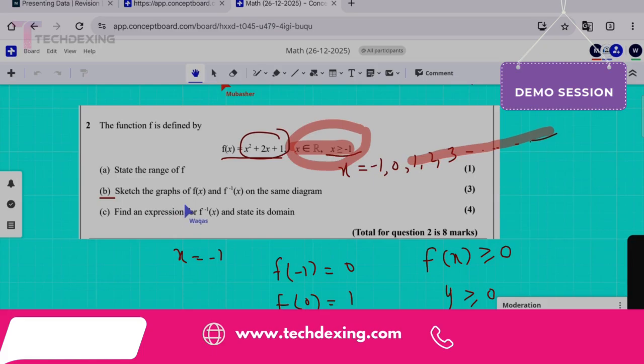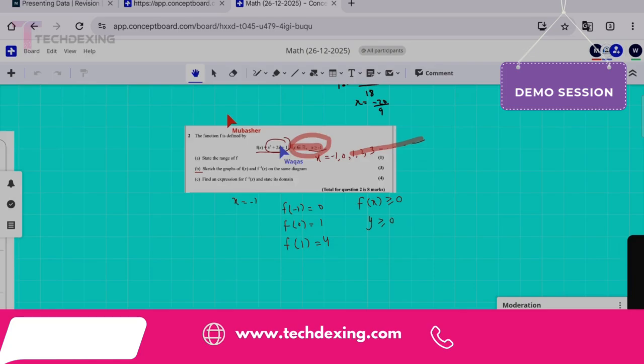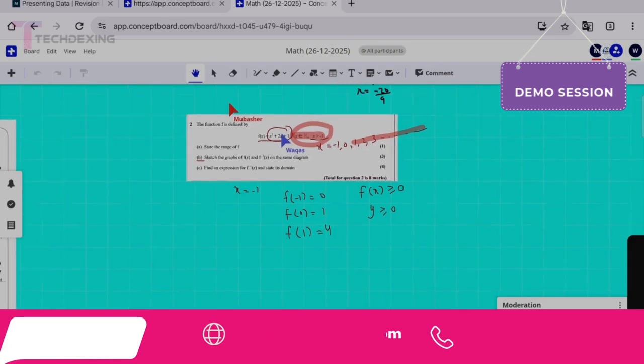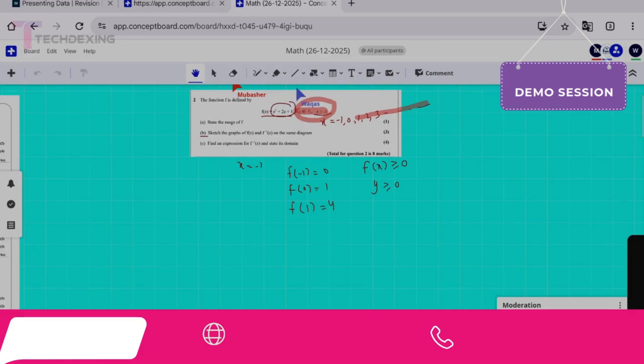Sketch the graph of f of x and f inverse of x on the same diagram. Are you able to do this? We already got that: you can have a look when we put 0, 1, 4, like negative 1, 0, 1, and so on. You can find more coordinates, so you will get the general idea, and then on the basis of that you can draw the graph.